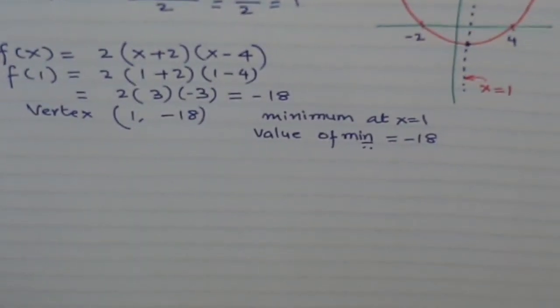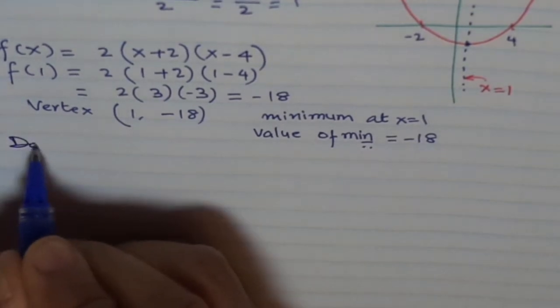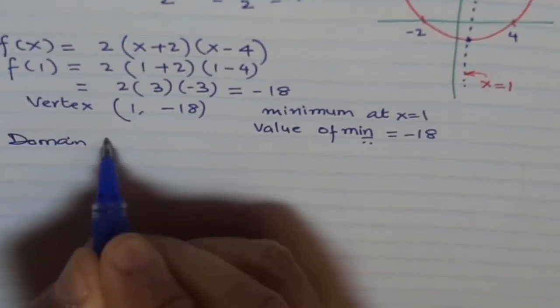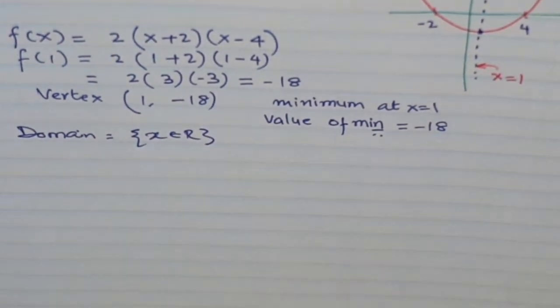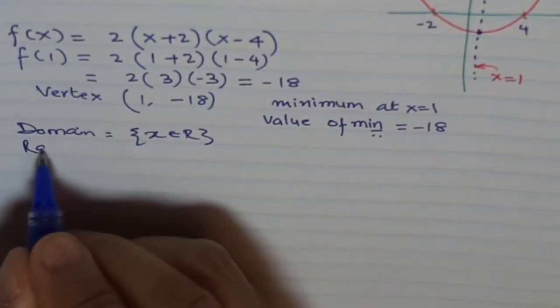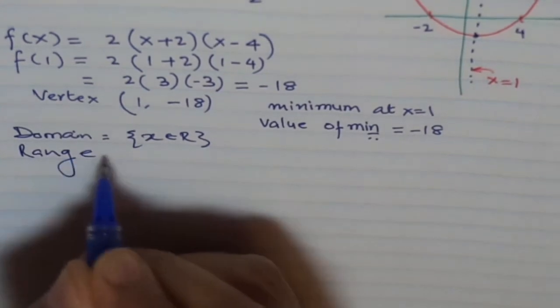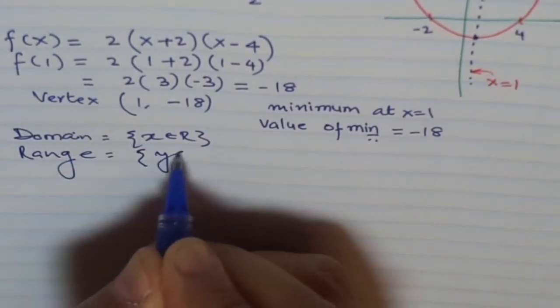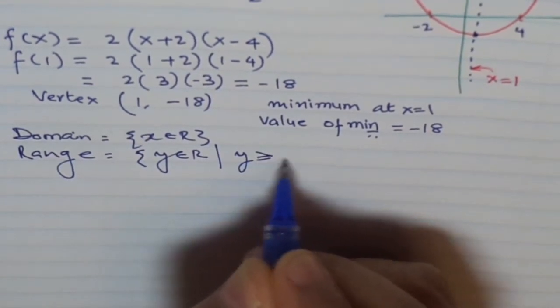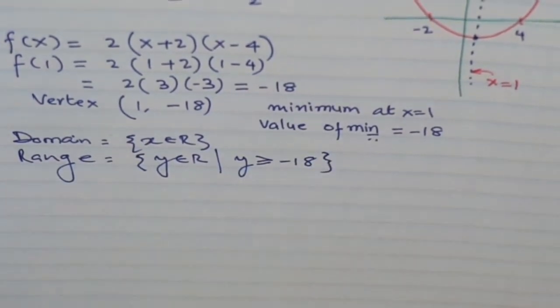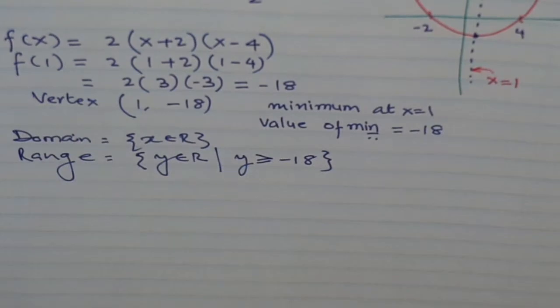Now, domain, we know what the domain is. So the domain is x belongs to real numbers, and that's for all parabolas, correct? Range is kind of critical. How do we determine the range of the function? We say the range is y belongs to real numbers, such that y is greater than or equal to -18, right?